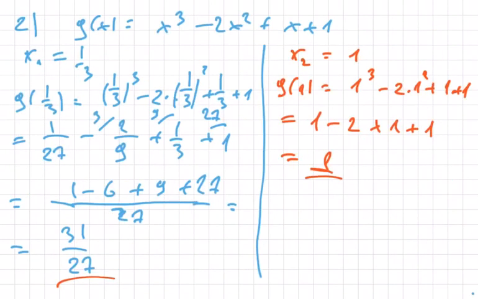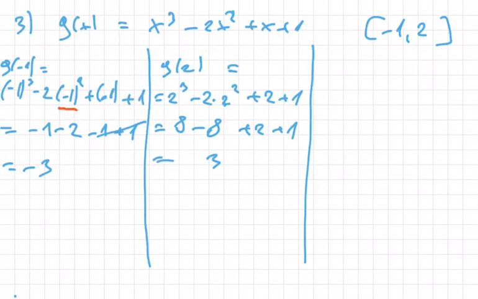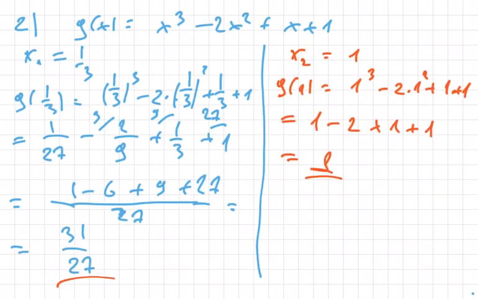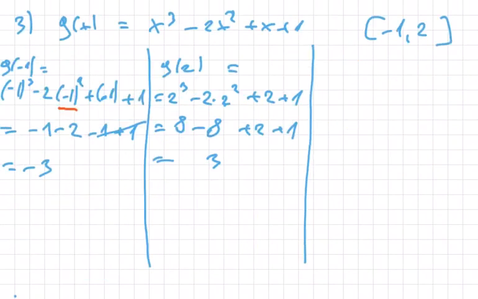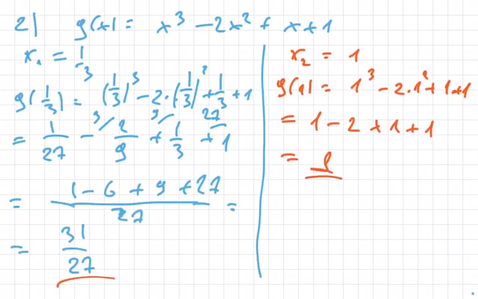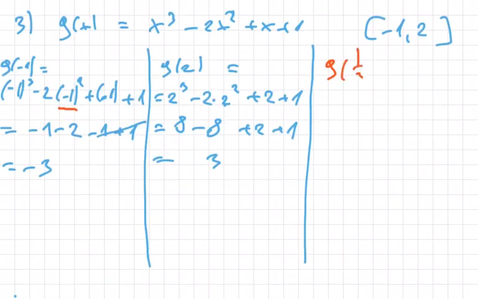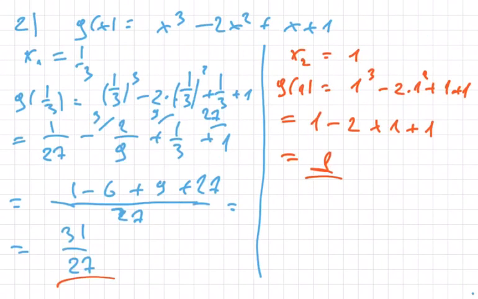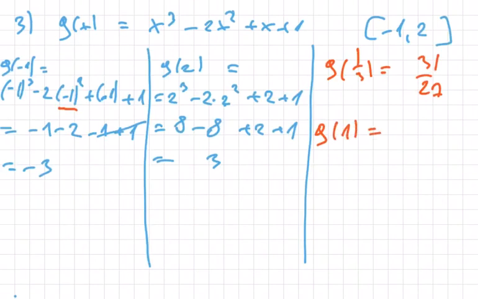We have answers: g of 1 over 3 is 31 over 27. Then we have g of 1 is equal to 1.